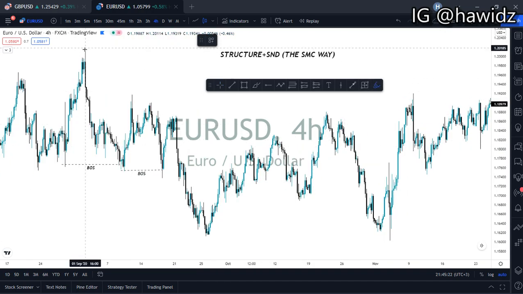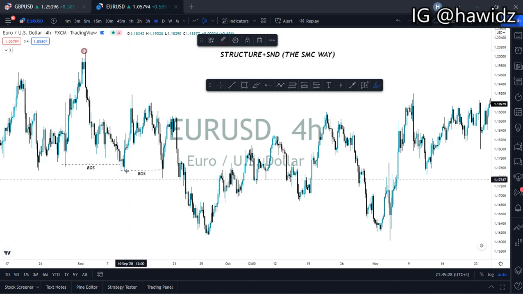So we had this series of, this was the higher high, and then this was the lower low, and lower highs now started being put into place. Then this was the low, and then this was the high.